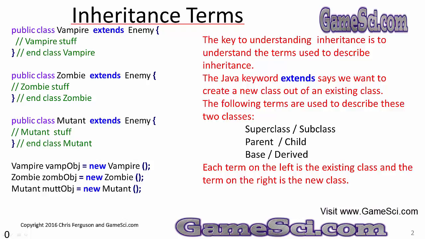Parent class is the existing code we're going to build on top of, and child class is the new class we're creating. Base and derived. Base class is the existing class we're going to build on top of, and derived is the new class we're creating out of it. Each term on the left is the existing class, and the term on the right is the new class we're creating out of the existing class.